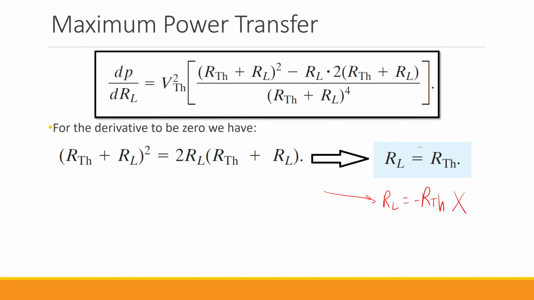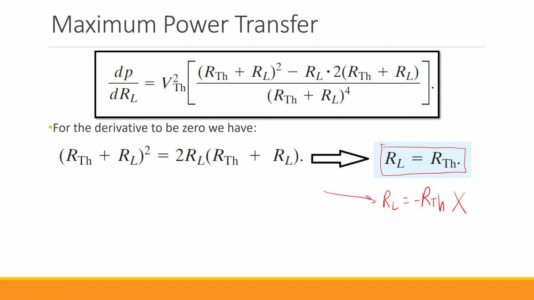The other case and the valid case for us is for RL to be equal to RTH. So when we choose RL to be equal to RTH, we deliver the maximum power possible to RL. Anything below or above that reduces the amount of power delivered to RL.